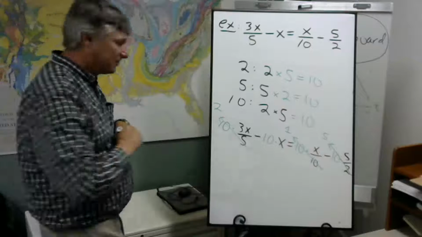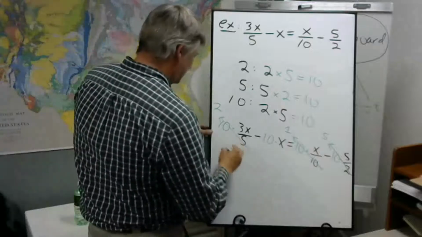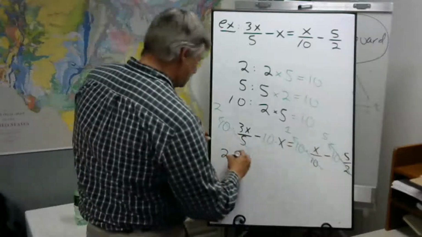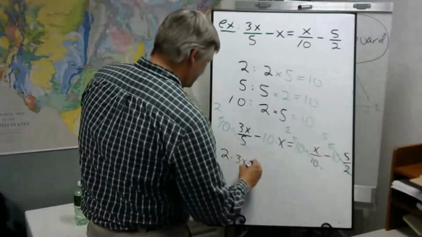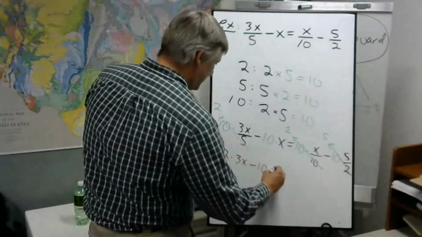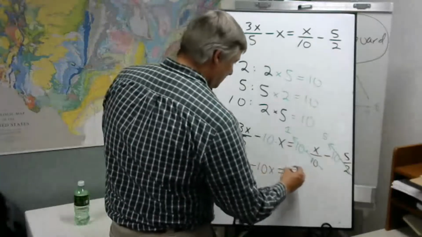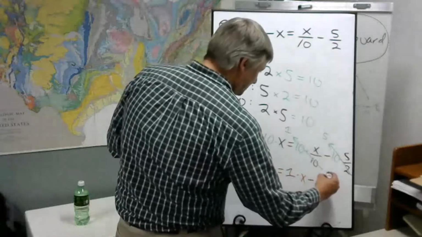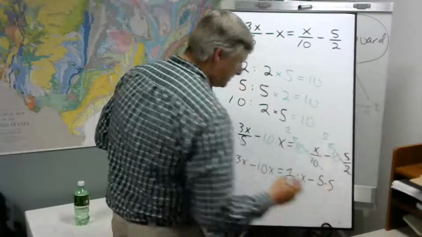So what this gives us is, instead of 10 times this, the 5 dividing into 10 makes it a 2 times 3x, minus 10x equals 1 times x minus 5 times 5.